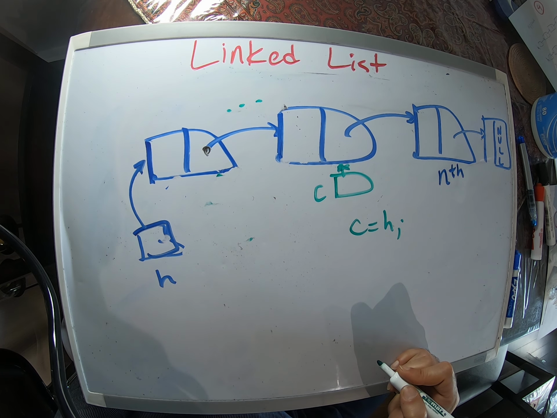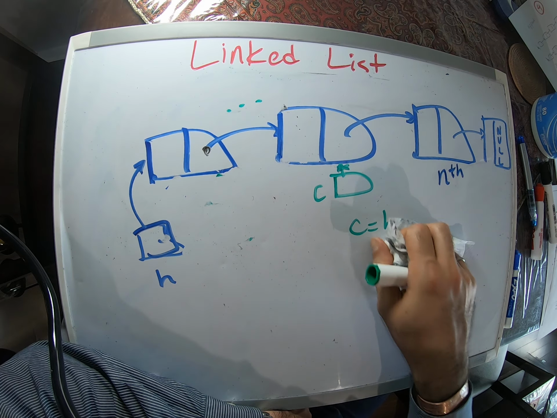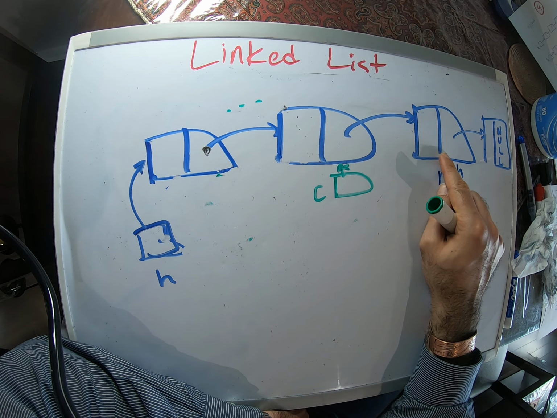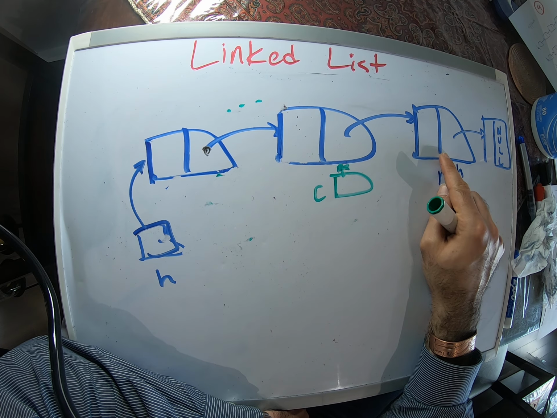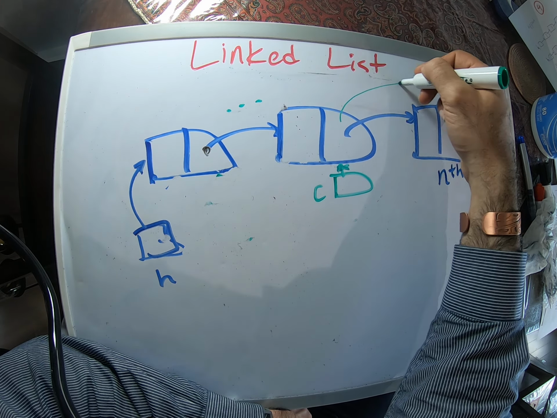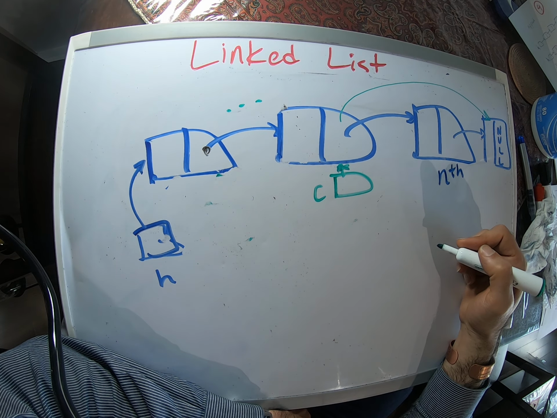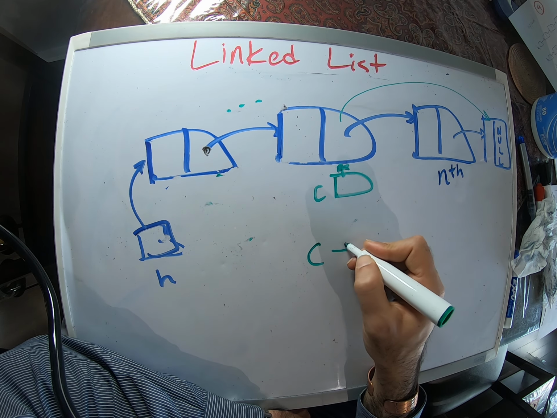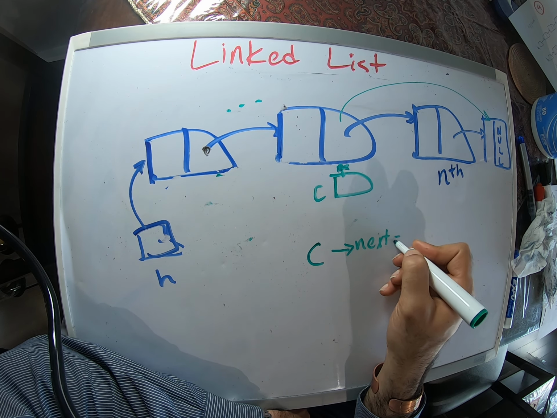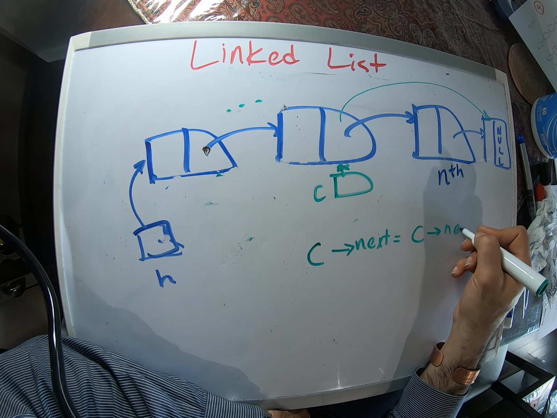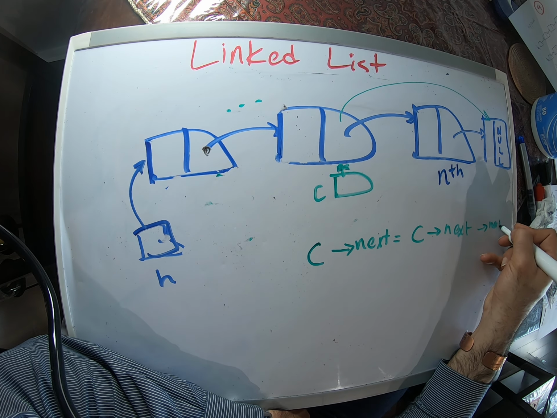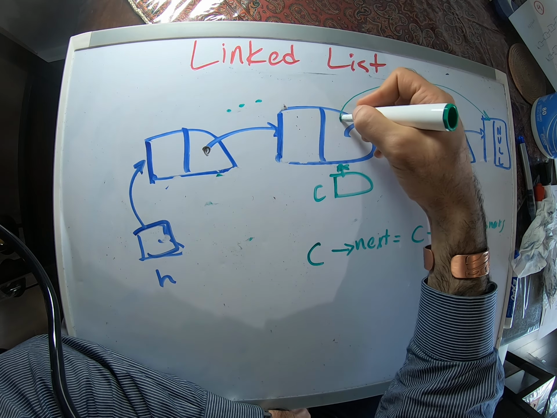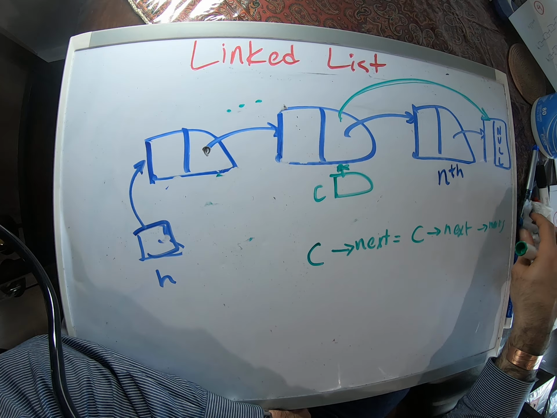So in this case, this is the node that I want to delete. It means that I want this to point here. Actually, it's possible for me to say C arrow next is equal to C arrow next arrow next. If that's the case, this is gonna move here, and this is gonna be gone.